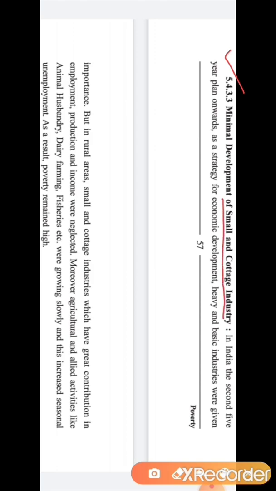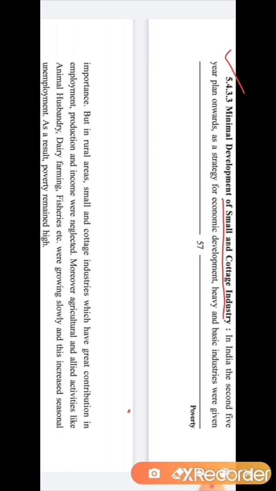Okay students, you have to know that there are two kinds of industry, capital intensive industry and labor intensive industry. Capital intensive industries are industries which do their production by using machinery, and labor intensive industries are the industries which use labor for doing the production.